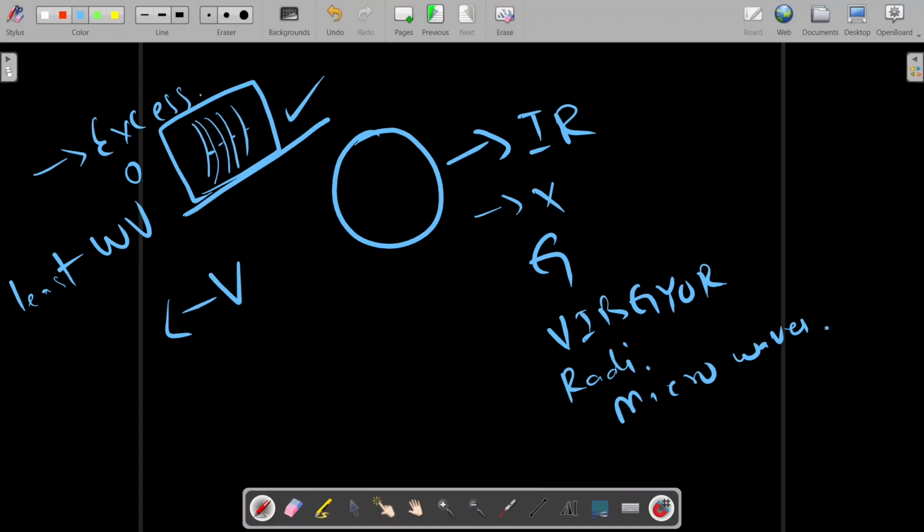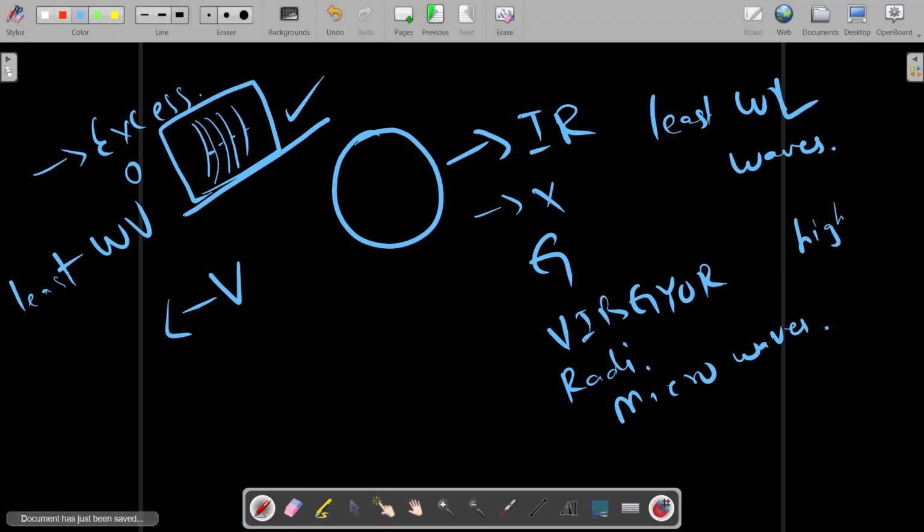So excessive heat is embedded in the least wavelength waves, and the least heat is in the highest wavelength ones.